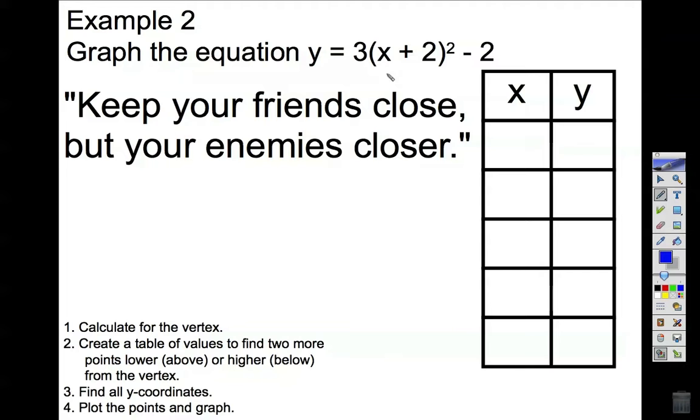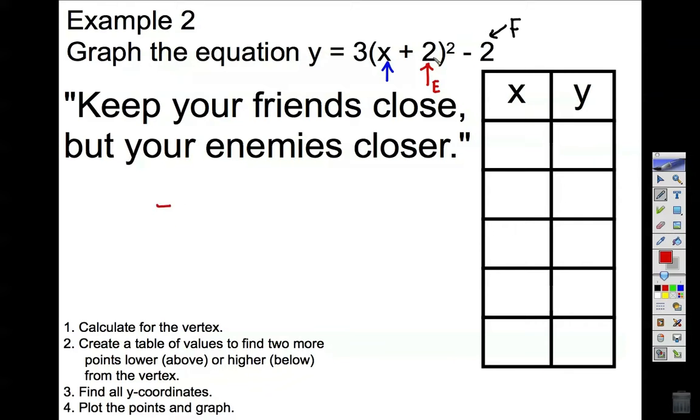Pretend this is you. So in this case, if you're keeping your enemies closer to you than your friends, this is your enemy. And then this over here at last is going to be your friend. So that means that you're going to do the complete opposite of what your enemy is telling you to do.